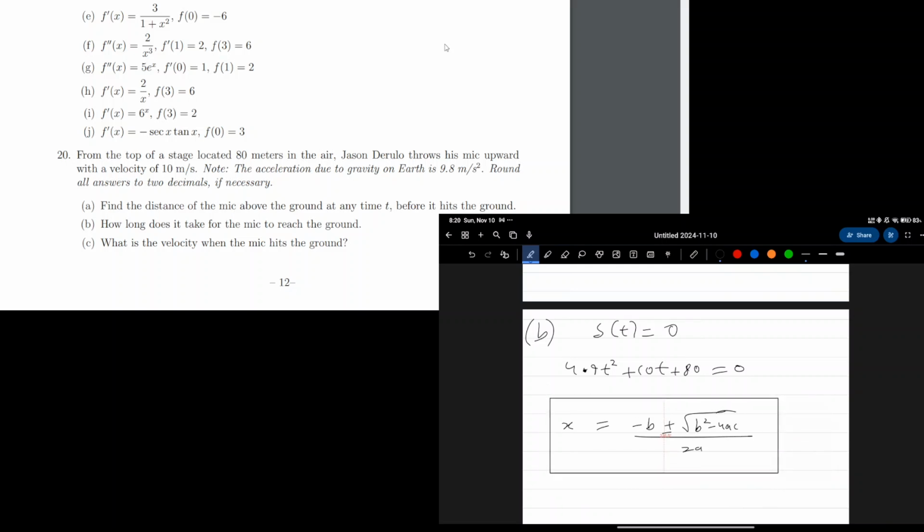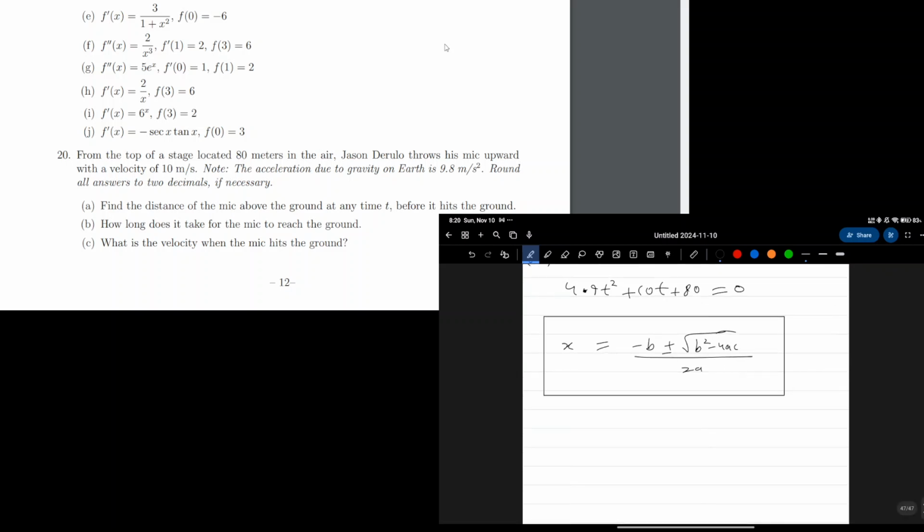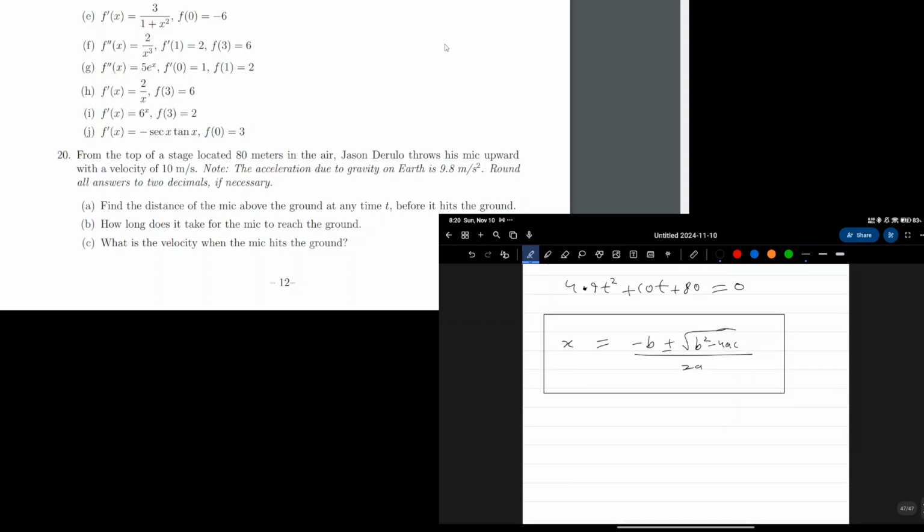It's very embarrassing when I have to teach people the quadratic formula in Calc 1. Not embarrassing, it's just that come on, guys. Or if you didn't know, you know now.